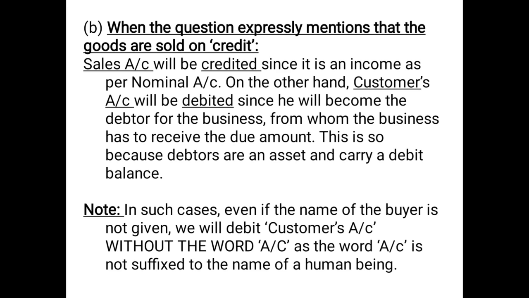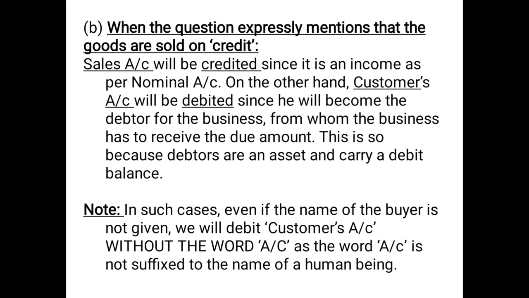And again the same rule will follow here, that if your debtor or customer is an institution, then you can use the word account. But if your customer is a human being, then the word account will not be suffixed to the name of the customer.